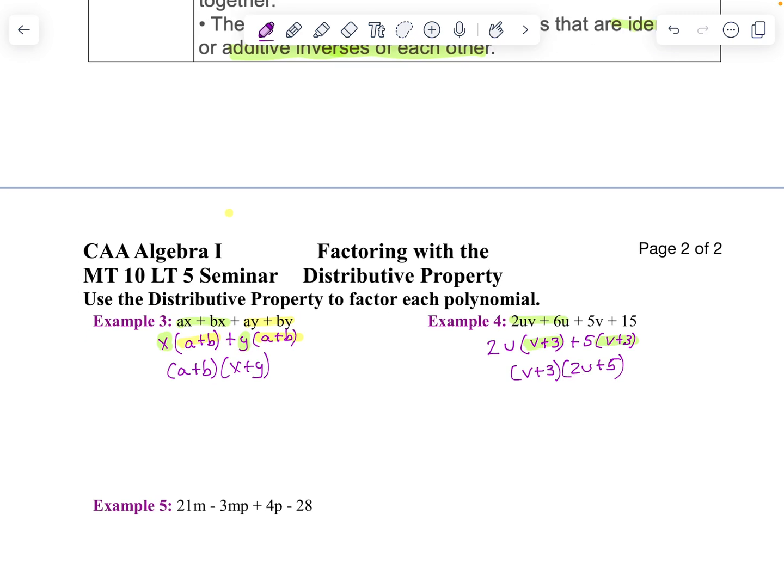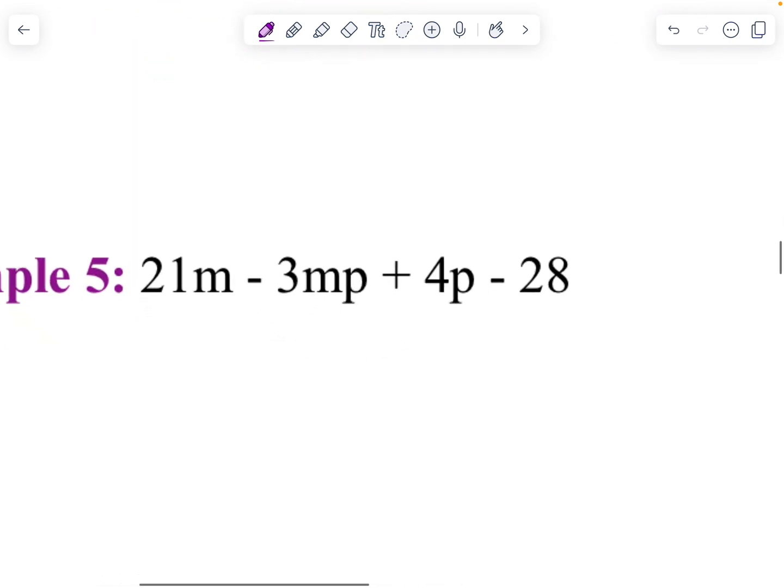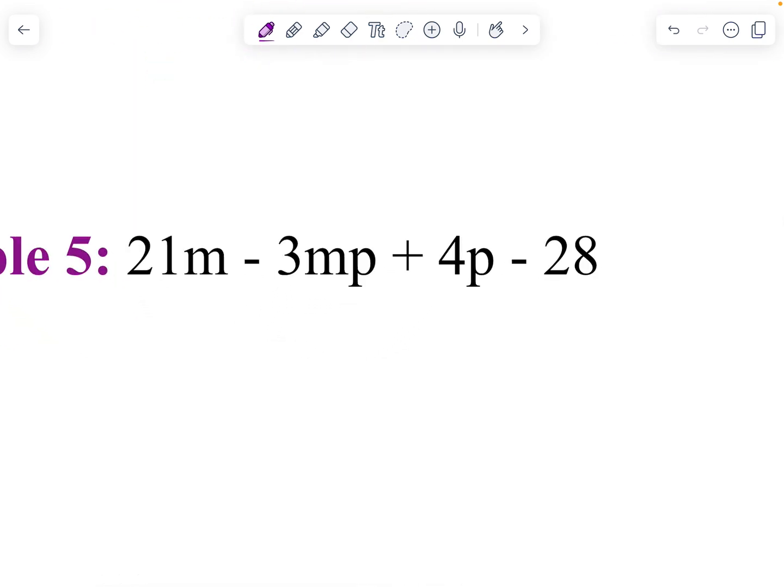Let's take a look at example 5, one that's going to be a little bit backwards maybe. My first 2 terms, I've got 21m minus 3mp. What goes into both of those is 3, so I'm going to say 3m.